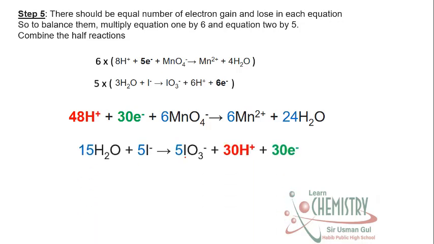It will become 15H2O plus 5I- into 5IO3- plus 30H+ plus 30 electrons. Now the number of electrons in both half reactions is equal.